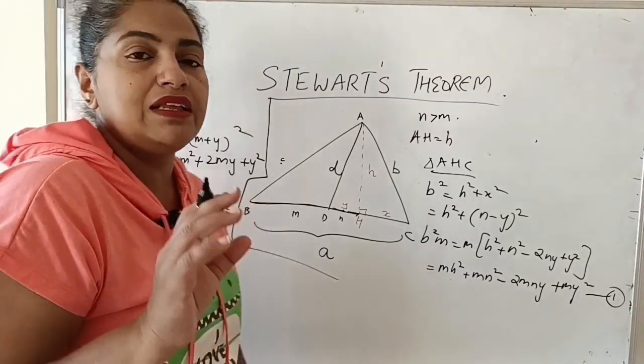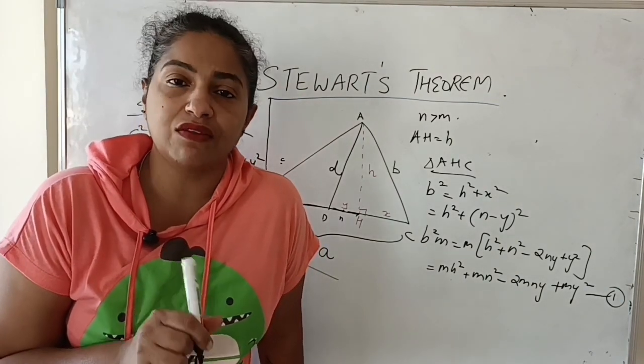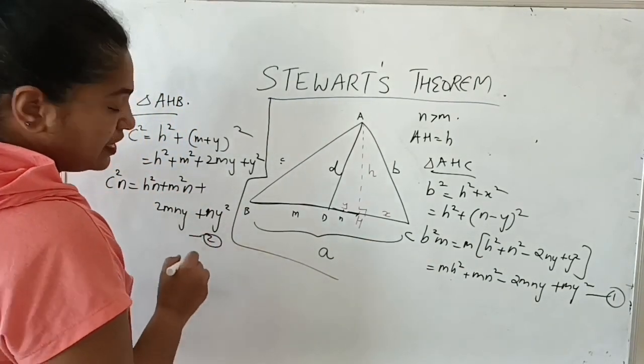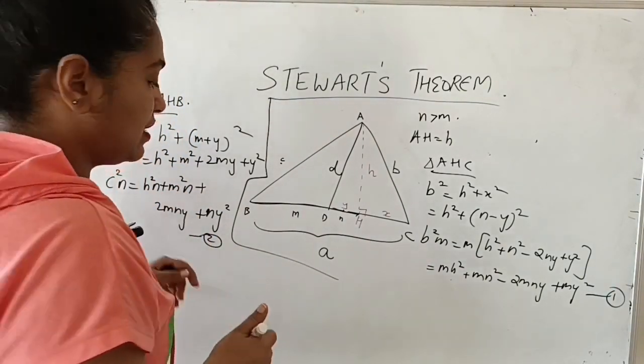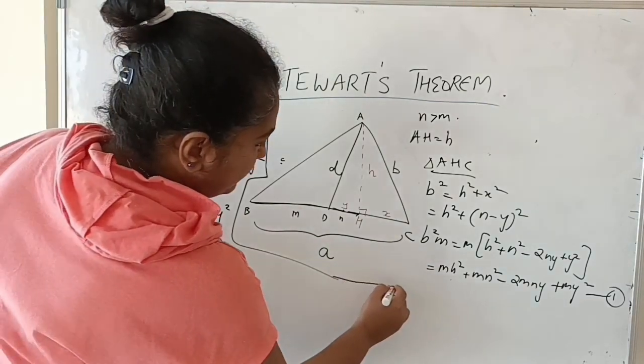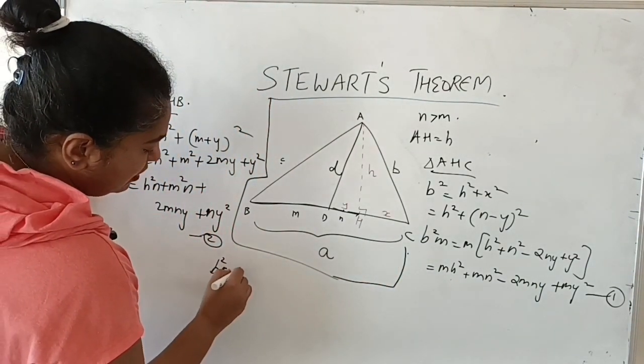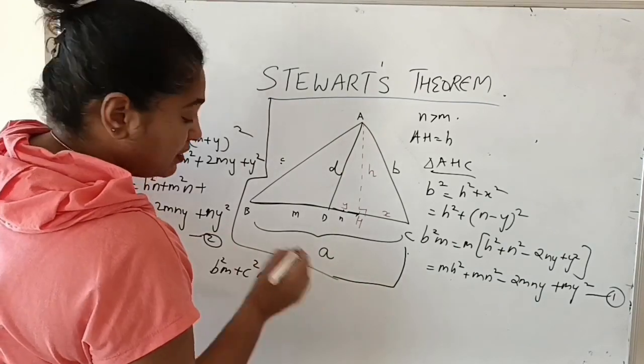Now the LHS in my theorem was b square M plus c square N. So I will be adding the first equation and the second equation, and let us see what we are getting. So 1 plus 2 will give me b square M plus c square N. Correct?